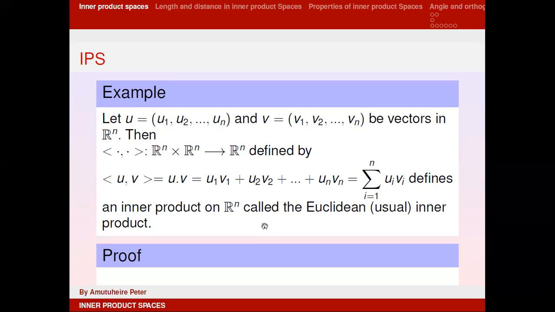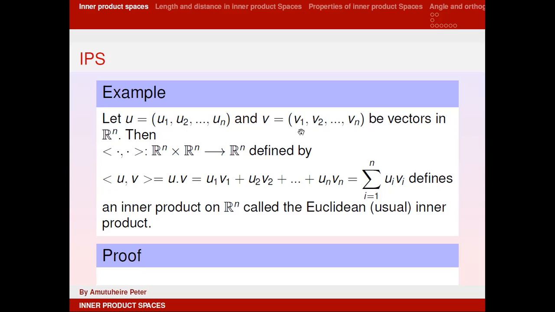Now, when you look at this definition, this is the usual dot product, the dot product we learned in vectors in linear algebra 1. It says if I take the dot, it's defined by U dot V. U dot V means I multiply component wise.